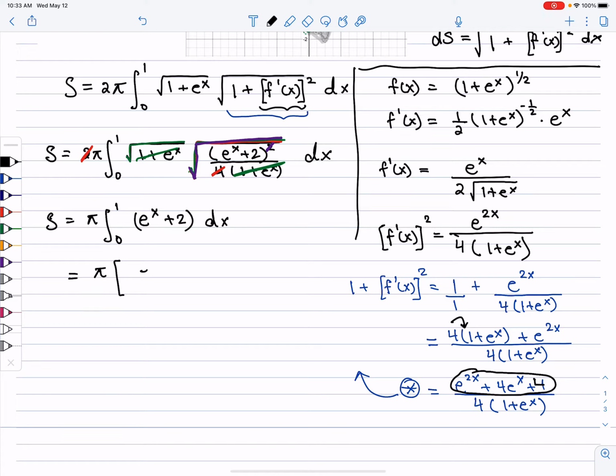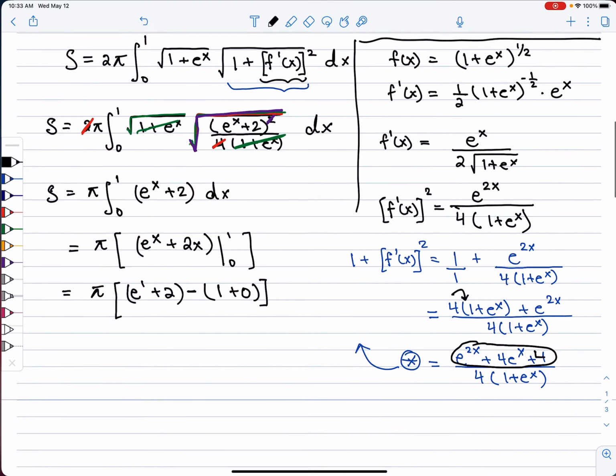We have pi times e to the x plus 2x, and we're going to evaluate that from 0 to 1, which gives us pi times e to the first plus 2, minus e to the 0, which is 1, plus 0.